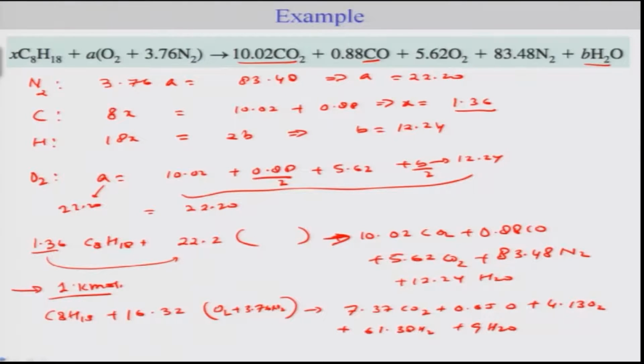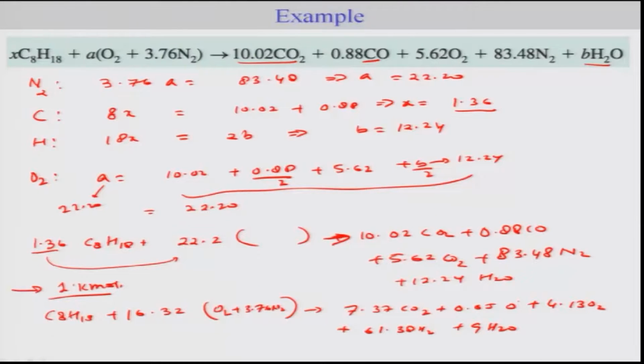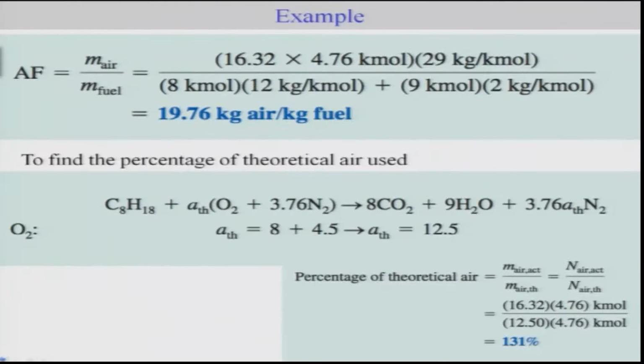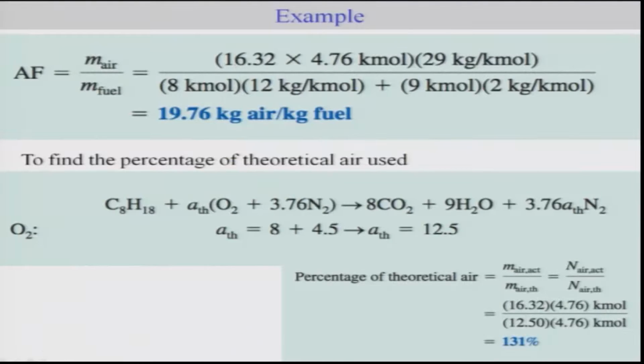So what we have done till now is obtain this complete equation for 1 kilomole of octane. This is the chemical reaction for the combustion of octane, and corresponding to this you have theoretical air as well. If you look at the problem, the first thing we wanted to know is the air fuel ratio. We already know the mass of the air, because with respect to the 1 kilomole basis we have already written the equation.